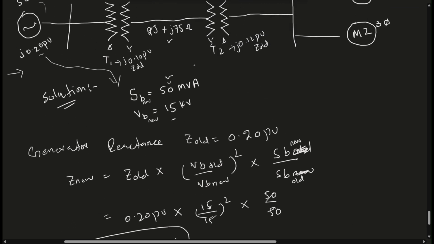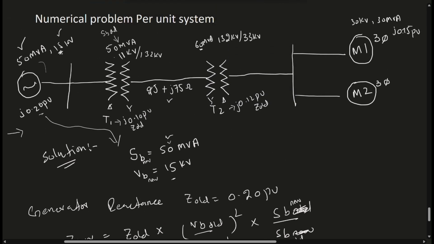We are coming from left to right. This value here is 11 kV. The transformer is stepping up this 11 kV to 132 kV. Now that we have selected the new value as 15 kV, this 11 kV will be changed to 15 kV.